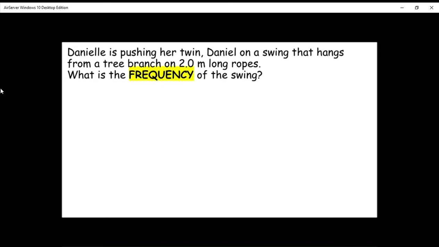Okay, my turn. Again, we know from the previous problem that the period was 2.8 seconds, and we want to find frequency. We know that frequency is the inverse of period. So 1 over 2.8.